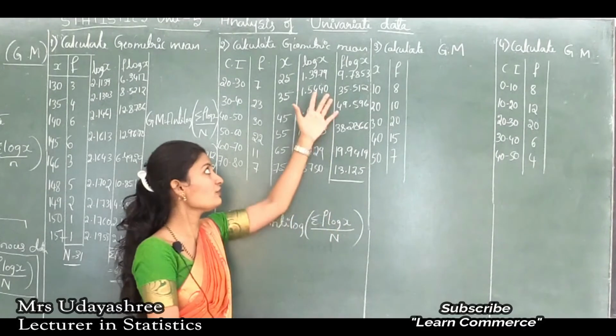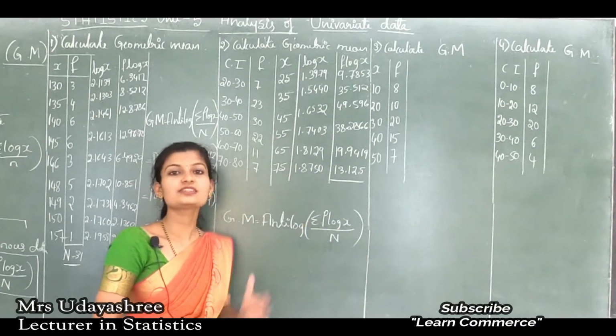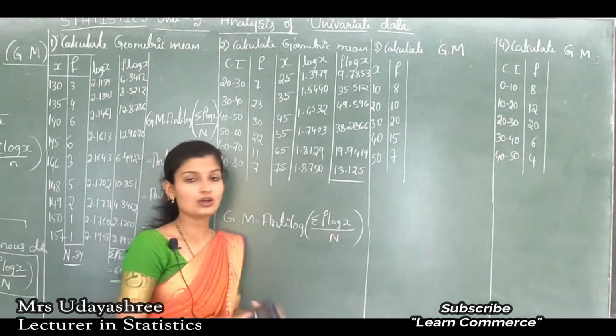Now, based on the formula, we need to find the sum of the f into log x observations. Summation, sigma, is nothing but the total of the f into log x observations.